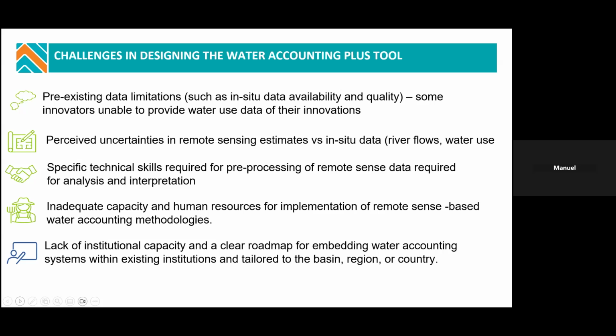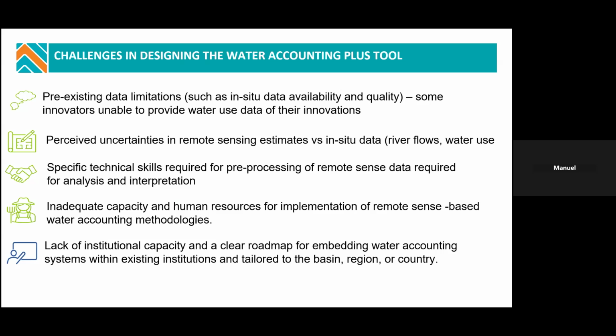Then we have the perceived uncertainties in remote sensing, because of different aspects that affect it, for instance cloud and all the noise that can happen in those types of data. Then specific technical skills are required to pre-process the remote sensing data, and also for the interpretation.